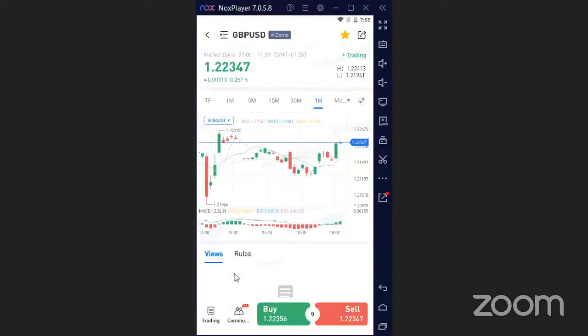After making your analysis on GBP USD, or after getting a signal, maybe you got a sell signal to open a sell limit. Maybe you get the signal that when the market gets to this point, it will start selling. So now you want to set a sell limit.